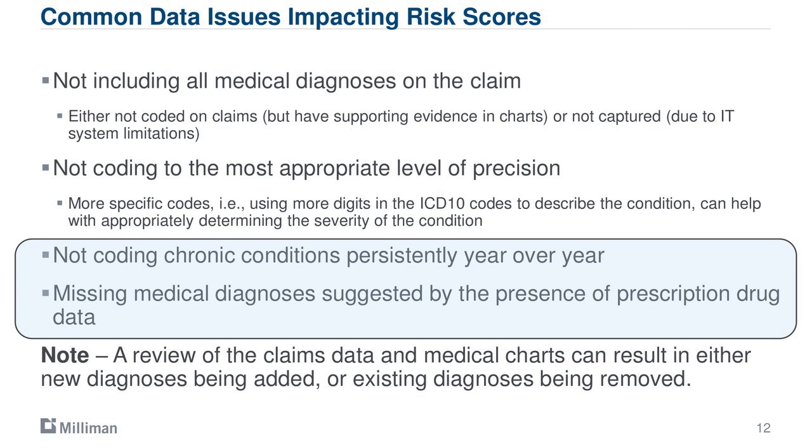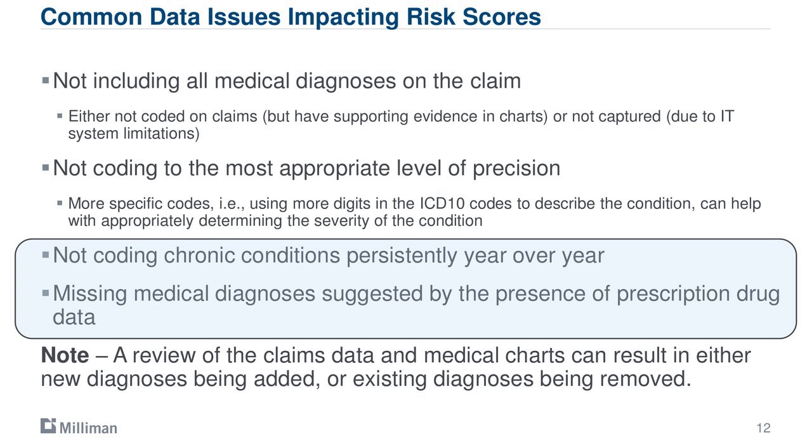That could help determine the severity of the condition, and therefore could also trigger a different medical condition within the risk adjustment system that has a higher risk rate. So if a provider did not code to the right level of precision, the severity may not be properly indicated. As a result, it could also understate the risk score for the population.